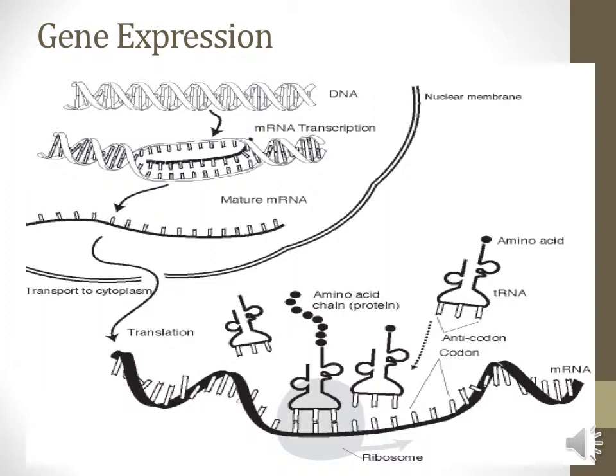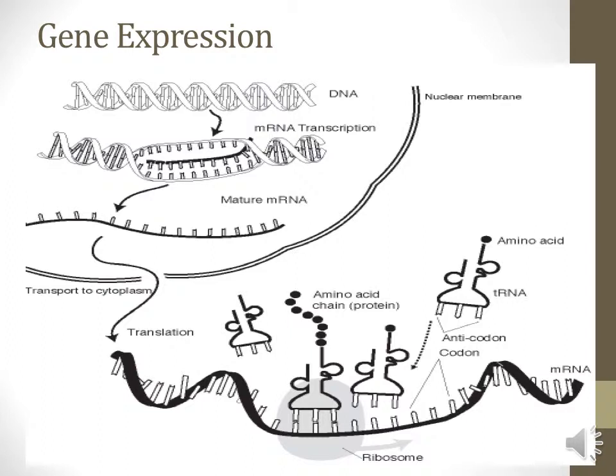Once that mature mRNA is formed, it leaves the cell's nucleus, going into the cytoplasm, where it is now translated in the cell's ribosome. So in the translation here, the mRNA is directing the assembly of amino acids into protein molecules per the instructions that it got from the DNA.